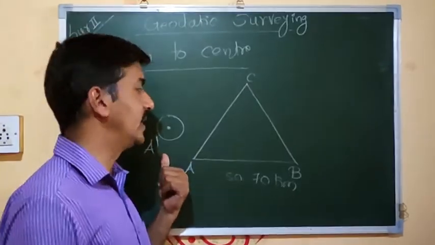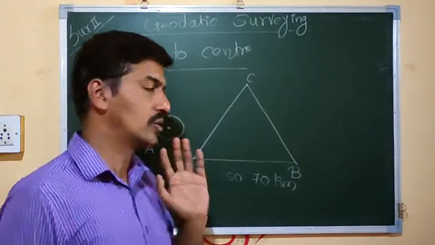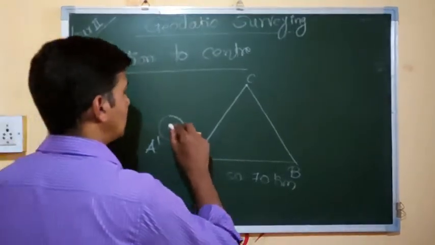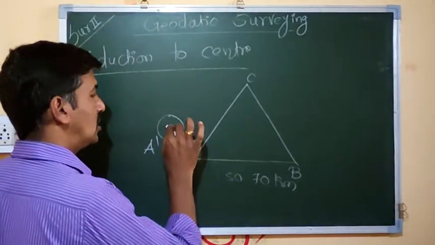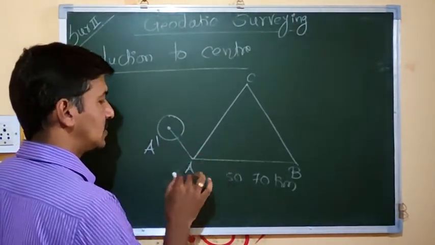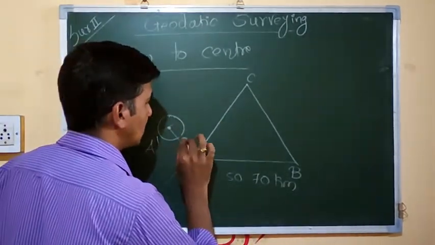This new point A dash is my triangulation station. So from now onwards, I would like to refer A dash from A with reference to this distance as well as some angles.